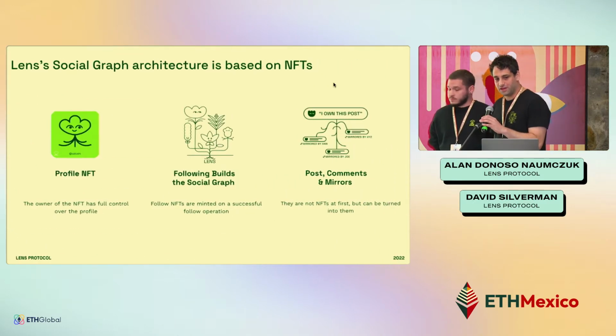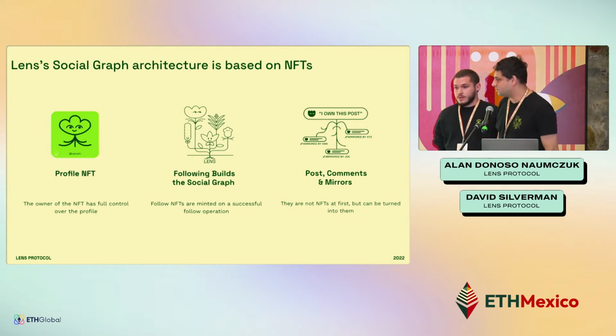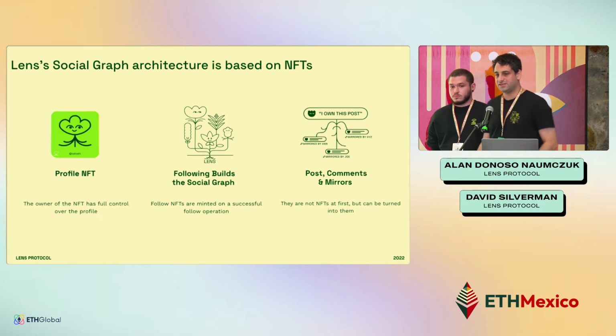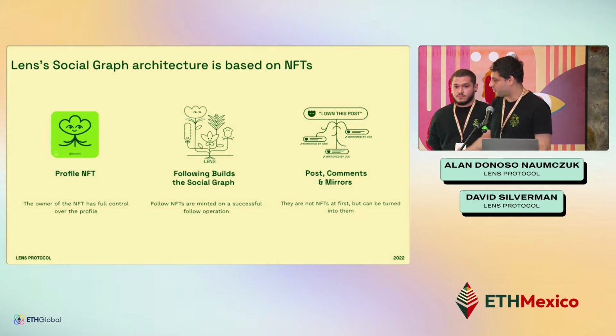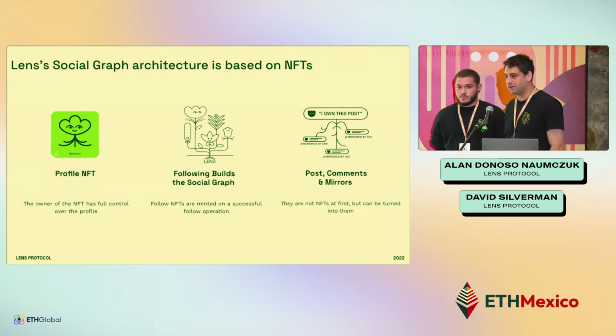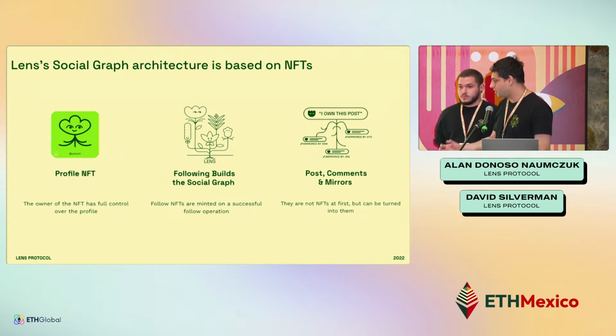So how do we do this? The Lens social graph is built on NFTs, standard ERC 721. It is all centered around the profile NFT. This is your profile. It has your profile image, your name, all kinds of different metadata you can define, as well as all of your posts and publications. When you post, you're posting to this profile. People can follow you. So if I wanted to go follow Alan on Lens, I would call follow on his profile NFT, and a follow NFT will be issued.